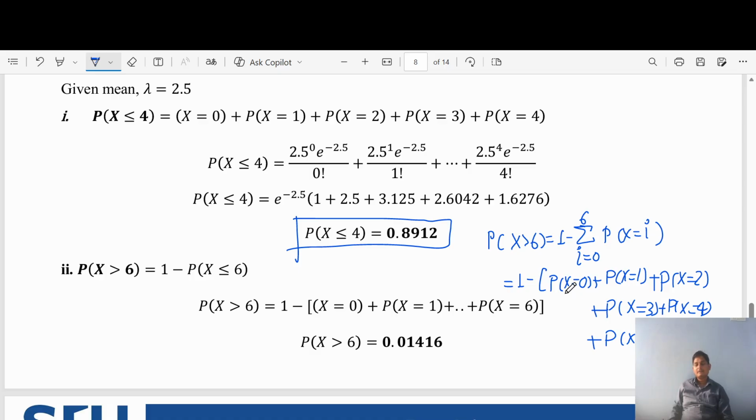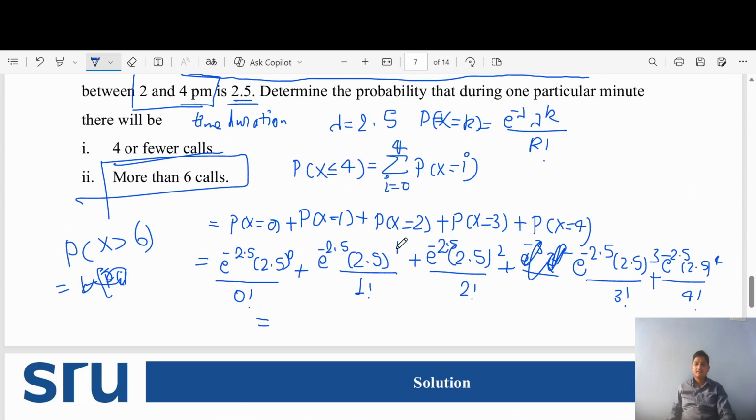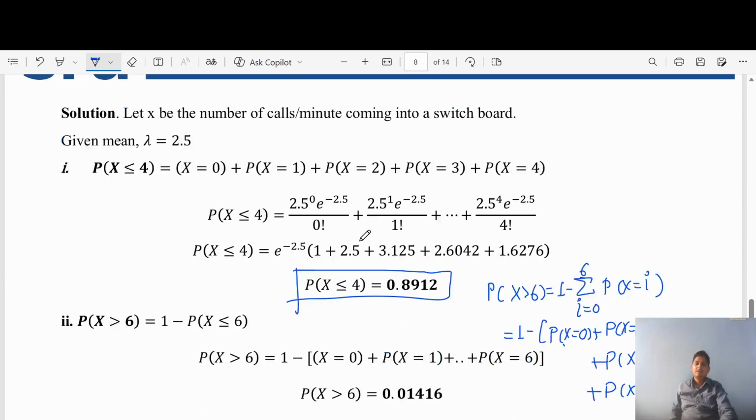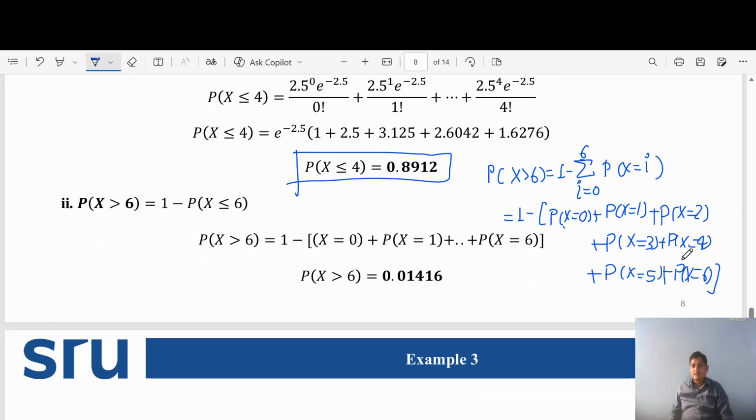So if we evaluate for each event, then we are done. Here we calculated for 0, 1, 2, 3, 4 in part A, and you evaluate only 5 and 6. So you are done. You find the value 0.01416.